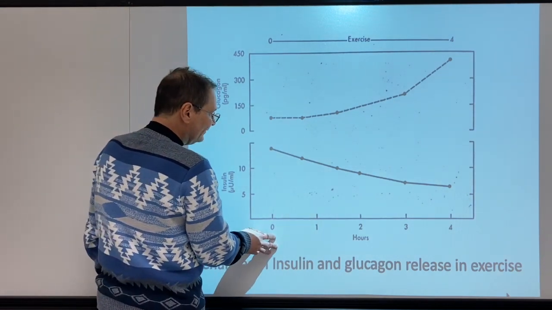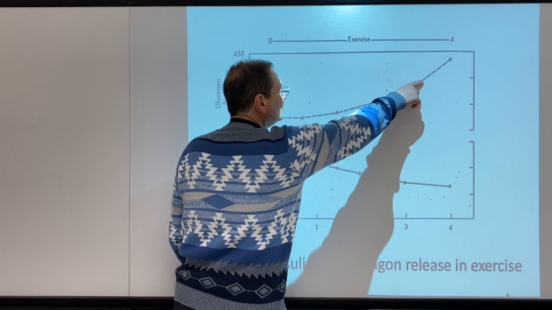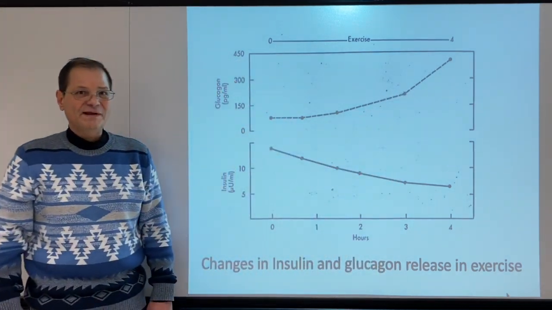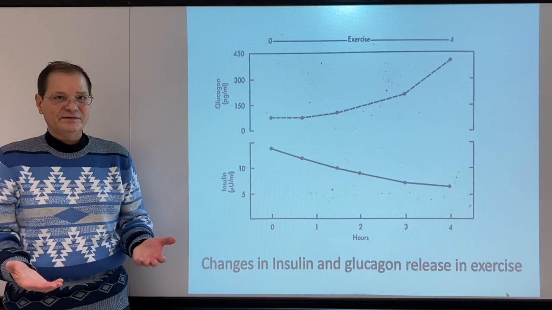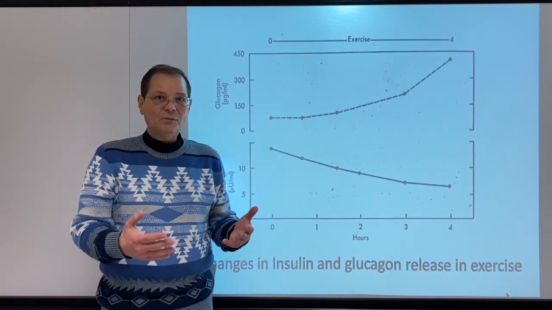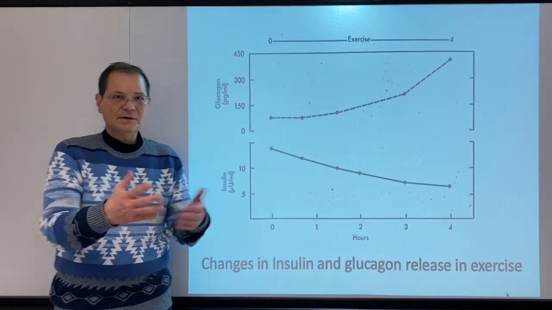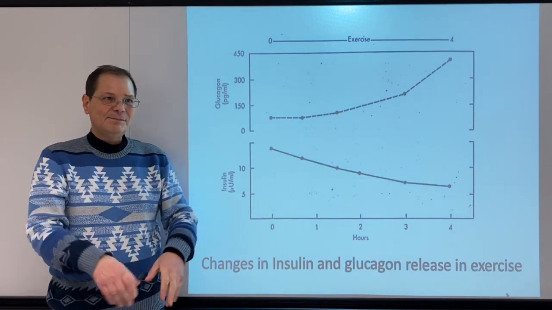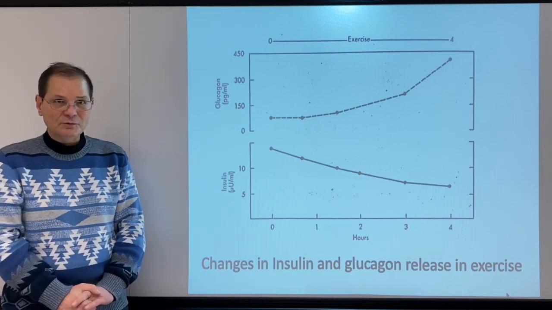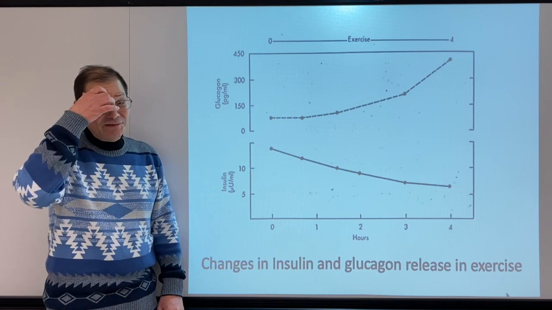Higher catecholamines tend to increase glucagon secretion, and that should make some sense to you because you're utilizing substrate at a higher rate, and glucagon will tend to keep that substrate level high in the plasma. So you'll want more glucagon to maintain that glucose level in the face of an increased consumption.